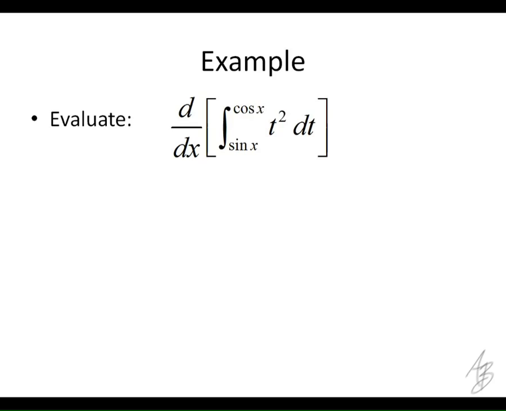I like this one. We're going to go through this one fairly quickly. We already know what we're going to have to do. We have a function of x in the bottom and the top, the lower and the upper limit. So we're going to have to split it up, right? If you remember, when we split it up, the one where we had the lower limit up top was negative.